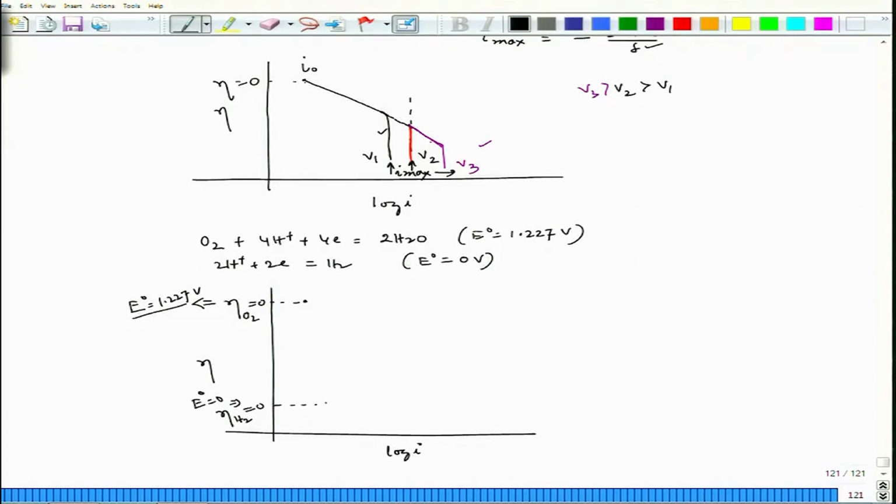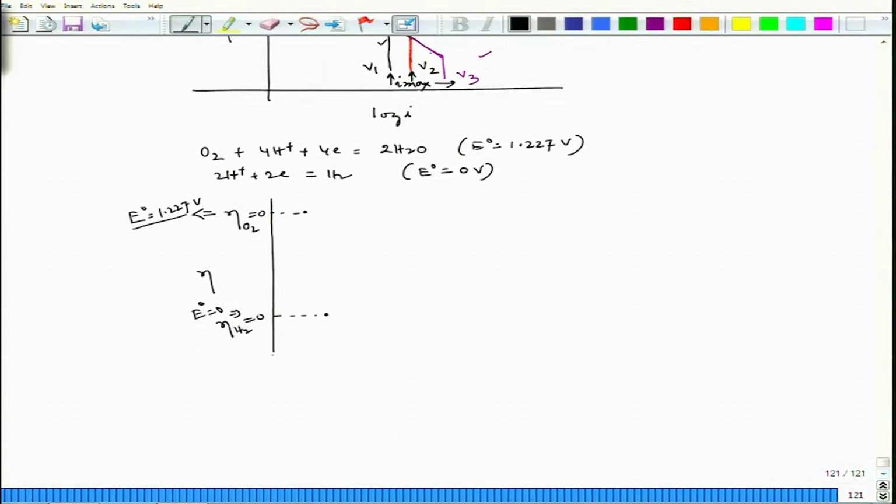at this point. Let us say I shift this particular plot a little down, so that we will be able to see the variation. This is log I, this is I0 for the hydrogen reaction, this is I0 for the oxygen reaction. Now, oxygen will have its own cathodic activation polarization.